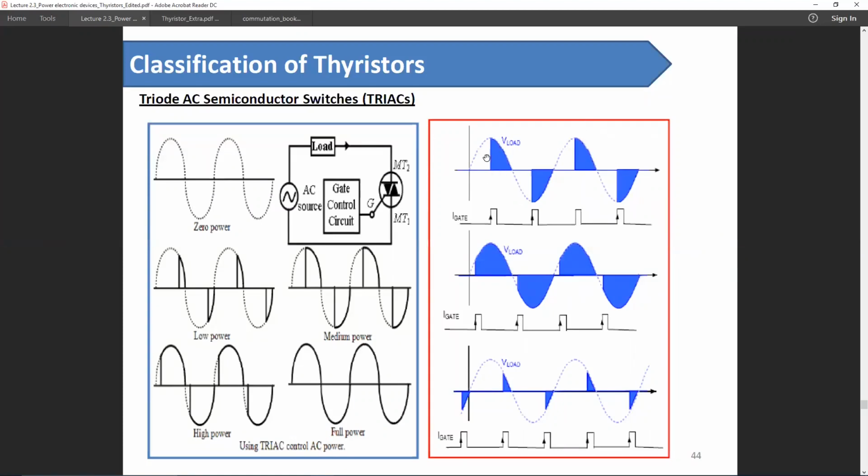So if we shift the area, the RMS value will shift. And this very circuit is used in the regulator circuit of the fan in our household. So we change the speed of the fan by varying this RMS voltage, by varying this gate pulse.